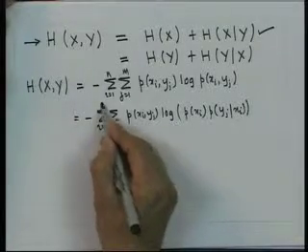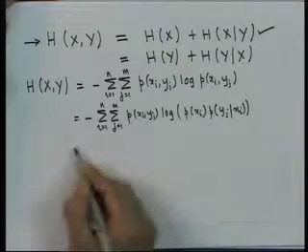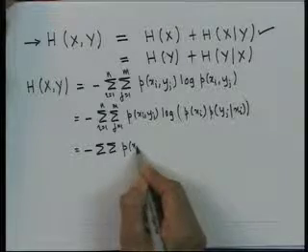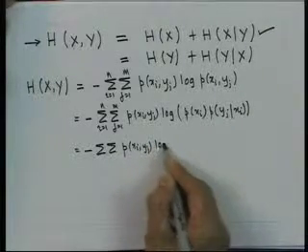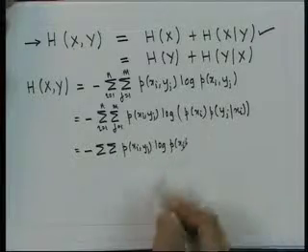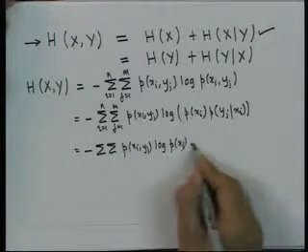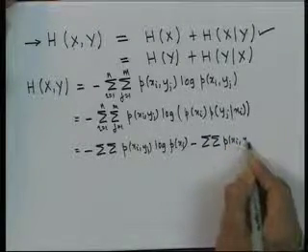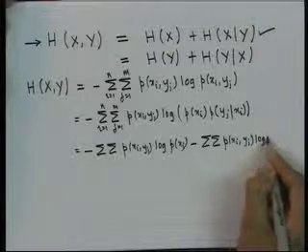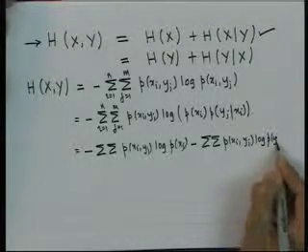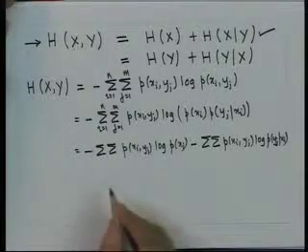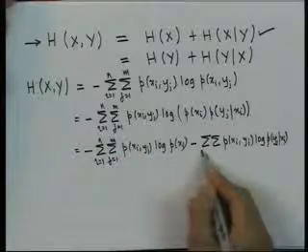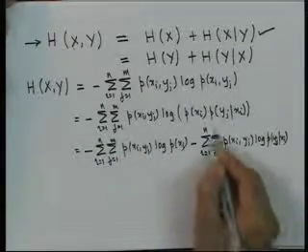So, i is equal to 1 to n, j is equal to 1 to m, and this I can simplify as probability of xi yj log of p of xi minus double summation probability of xi yj log of probability of yj given xi, where i is equal to 1 to n, j is equal to 1 to m, and similarly out here.